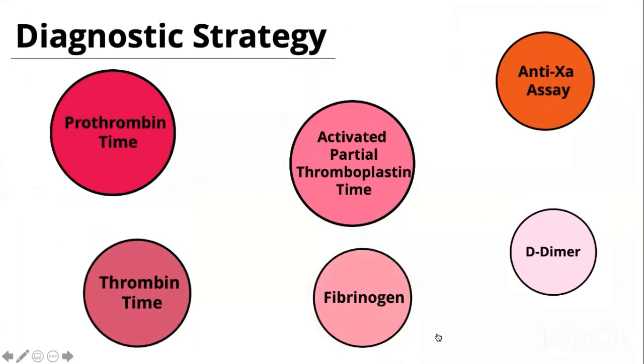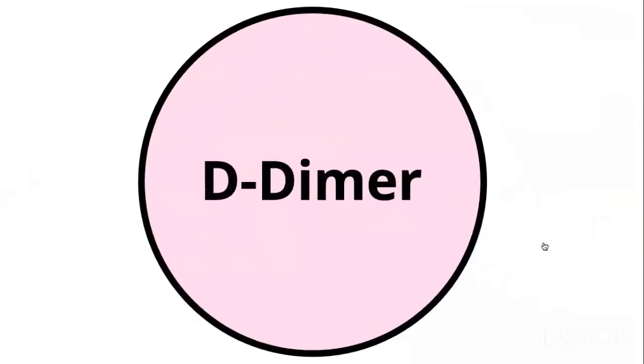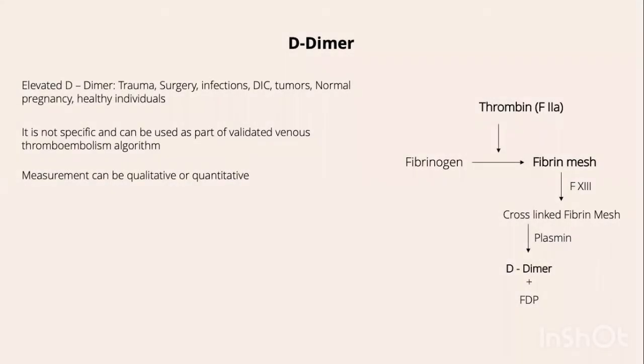Let's go to the D-dimer. So let's understand what the D-dimer is first. We have here from the common pathway, the activated factor 2 will be used to activate factor 1, the fibrinogen, to fibrin mesh, which is the soluble one, as I mentioned in the previous slides.